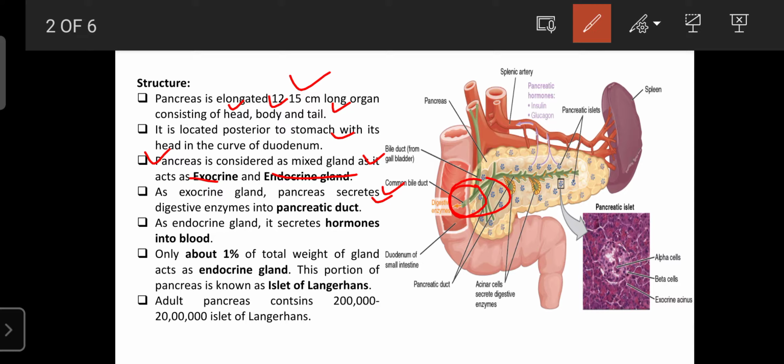That is the location of the pancreatic duct, through which the exocrine secretions, the enzymes, are secreted. The endocrine part secretes its hormones directly into the blood.